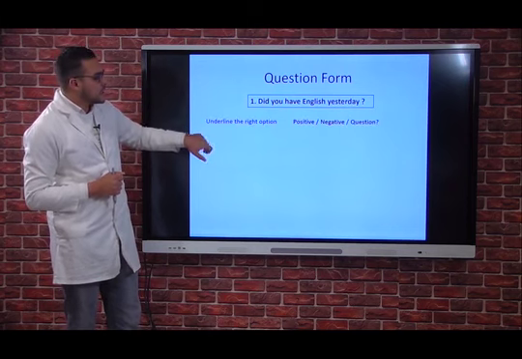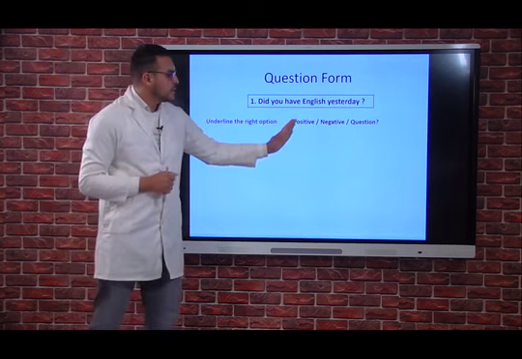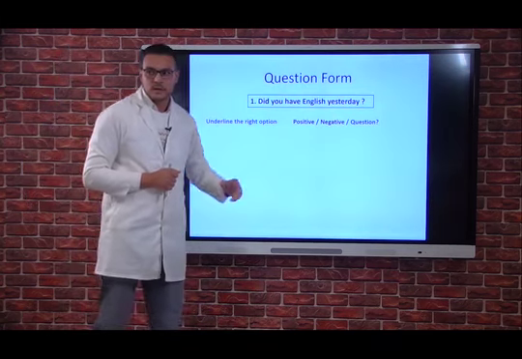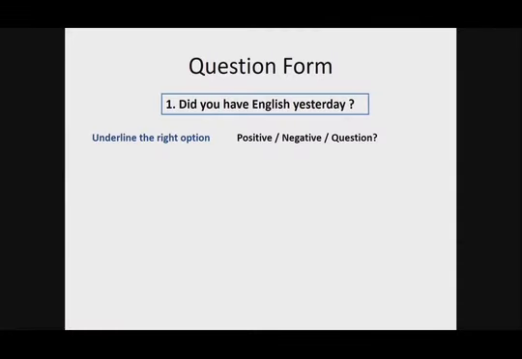So let's underline the correct option. Positive, negative, or question. So what type of sentence is this? Of course, it's a question. It carries the question mark, and we say, question, did you?